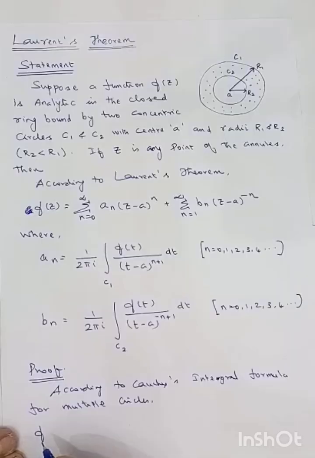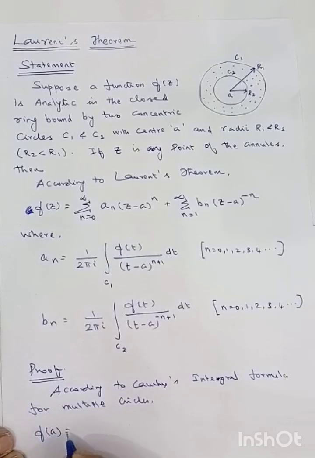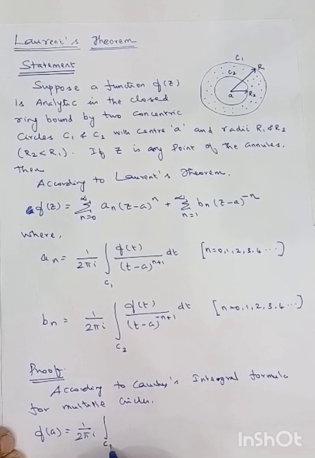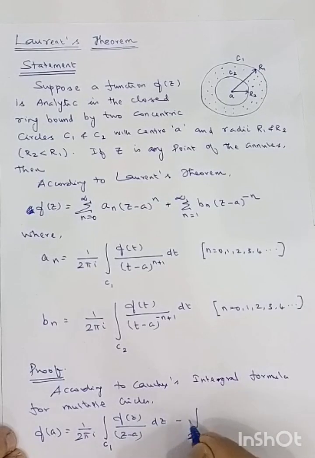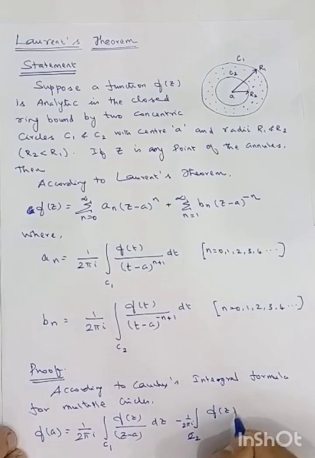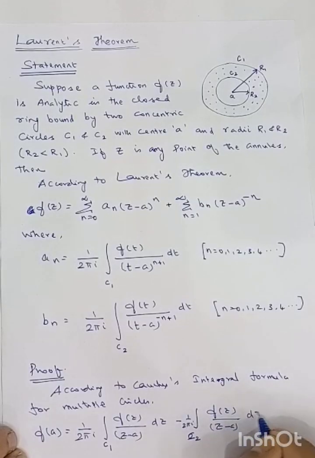f of a is equal to 1 by 2 pi i, if there are two circles, integral over C1 of f of z divided by (z minus a) into dz, minus 1 by 2 pi i integral over C2 of f of z divided by (z minus a) into dz. Let it be equation number 1.